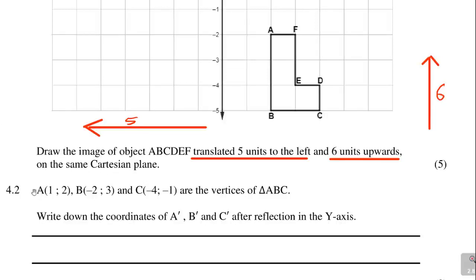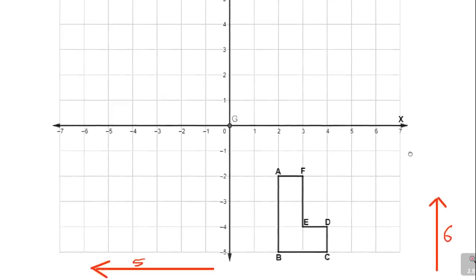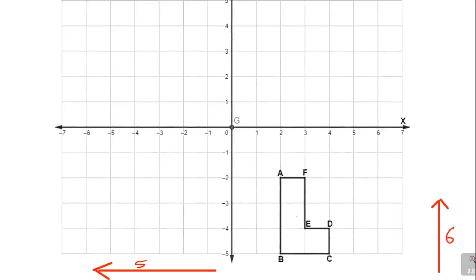So what you do is, we can start with A. What is my A originally? If I look at the coordinates, you know how to read coordinates, right? You can see that the x is 2 and the y is -2.